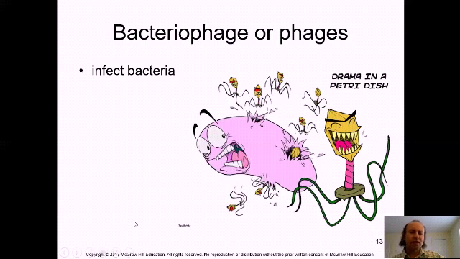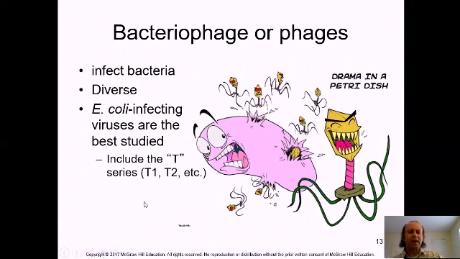So they infect bacteria, and they are quite diverse. The most common one is the specific T virus that infects E. coli. It is not the T virus that Novak Djokovic is trying to destroy.